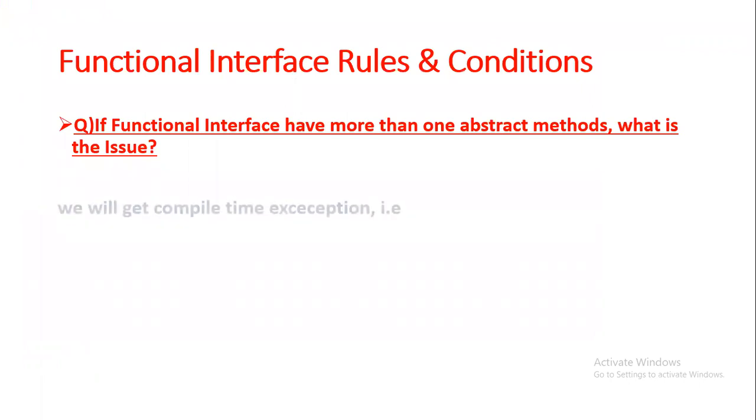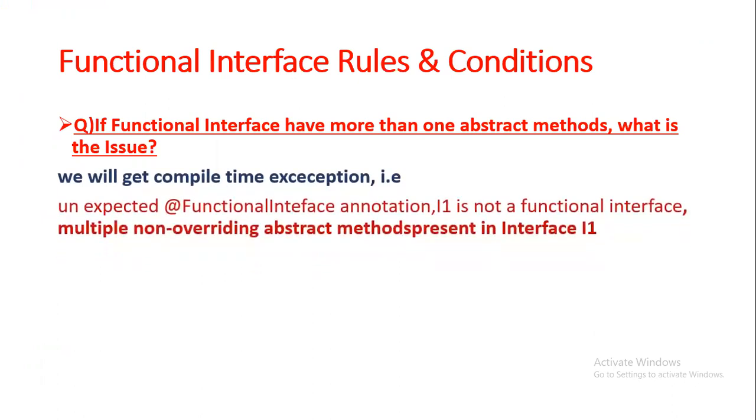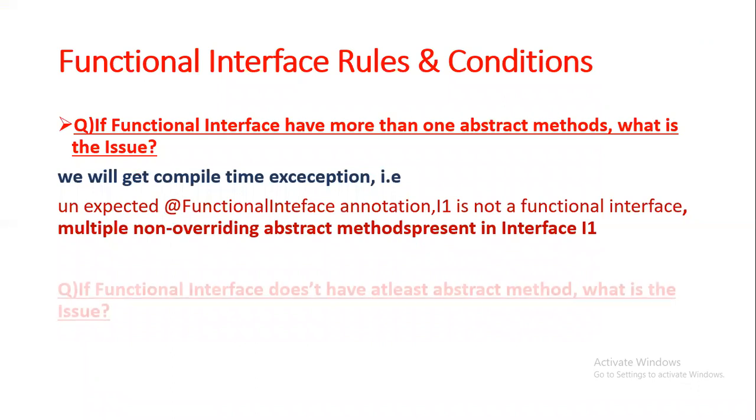We will get a compile time exception: unexpected @FunctionalInterface annotation, I1 is not a functional interface, multiple non-overriding abstract methods present in interface I1. Already we've seen that, right?